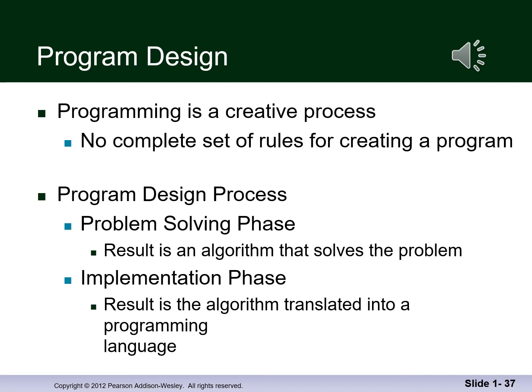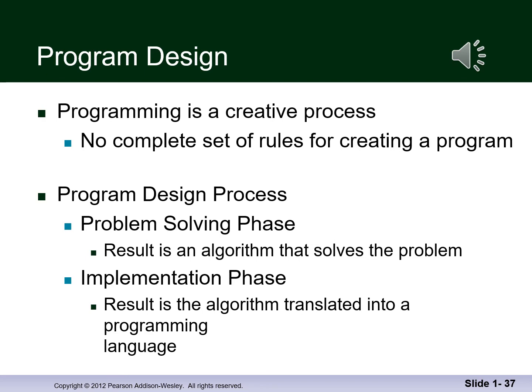This slide talks about the program design process and two specific and important phases. The first is the problem-solving phase, and the end of the problem-solving phase should be an algorithm similar to the one we looked at on a previous slide that solves the problem, a step-by-step approach to solving the problem. The second phase is the implementation phase, and the result is the translation of the algorithm into a programming language, and in this class it's obviously going to be C++.